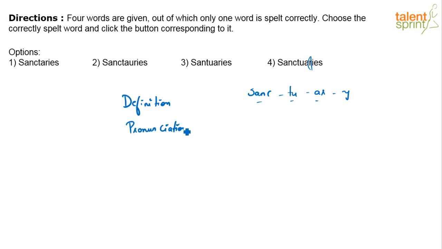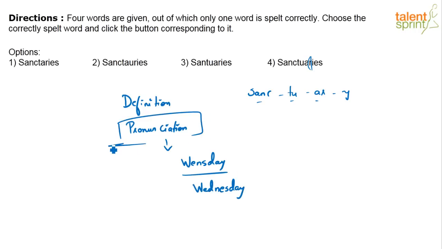I wouldn't suggest going by pronunciation as such, because if you go by Wednesday, when you pronounce it, you will write it like this. But is this how it's spelled? No, it's actually spelled as Wednesday, right? So I wouldn't go by pronunciation, but I would still go by the syllable approach, which is getting the vowel sounds right in the word. Sanctuary.